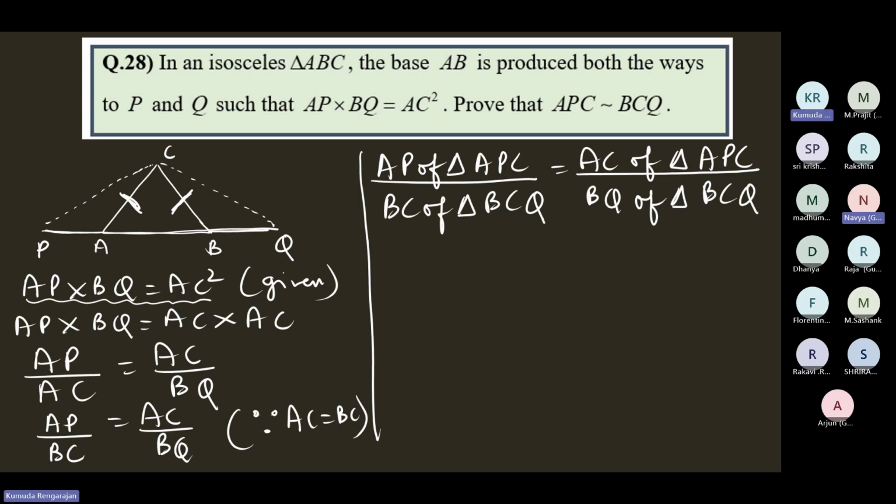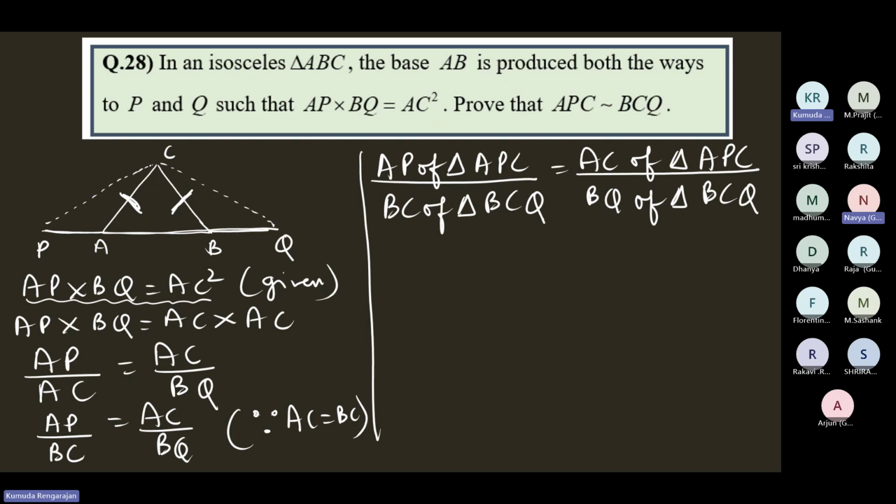Okay, so we have a proportion made up of the sides of the two triangles which we have to prove are similar. We have a proportion AP by BC equal to AC by BQ. Now these line segments are sides of the two triangles which we have to prove are similar to one another.